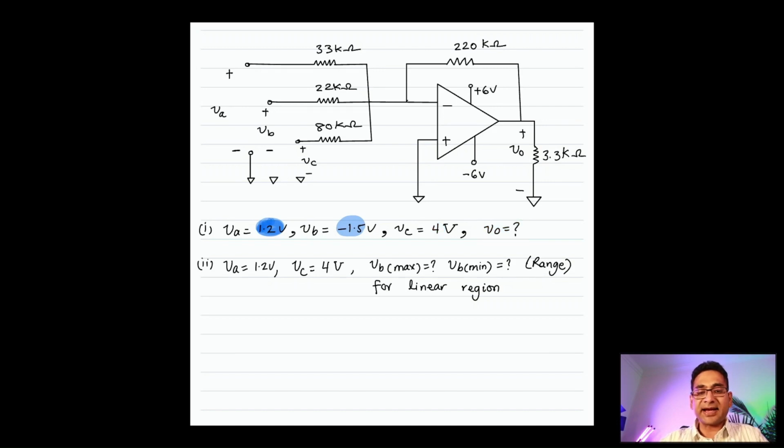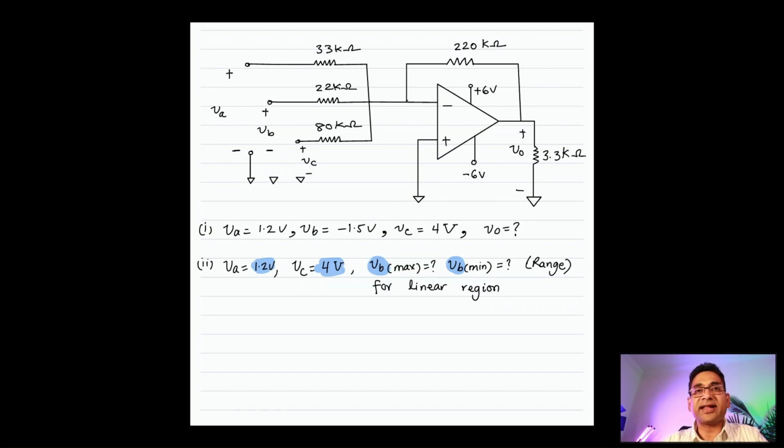The second part of the problem gives you a value for VA and gives you the value for VB. Excuse me, VA and VC are given.